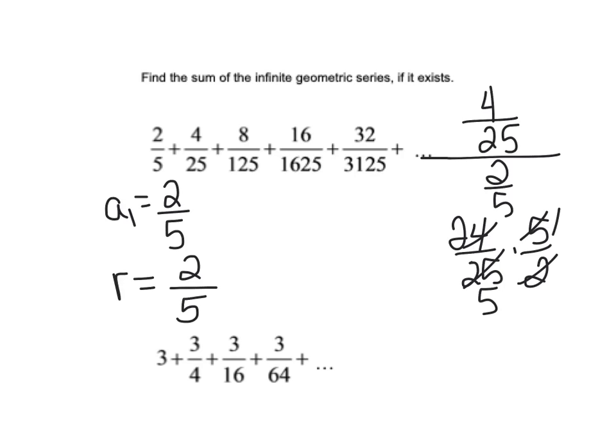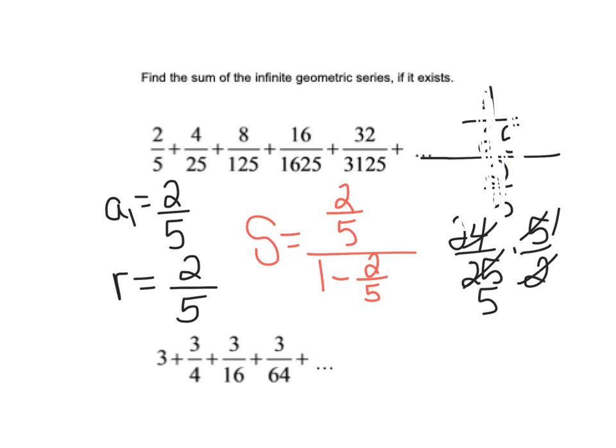So putting it into our formula, we would get S equals a sub 1, which is 2/5, over 1 minus 2/5. Then we have to think, 1 minus 2/5 is 3/5.